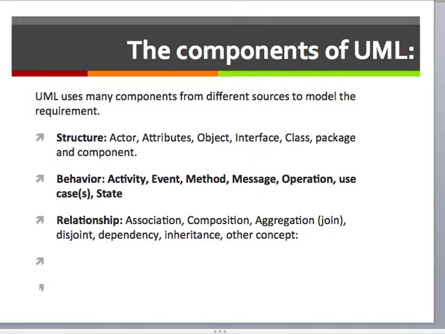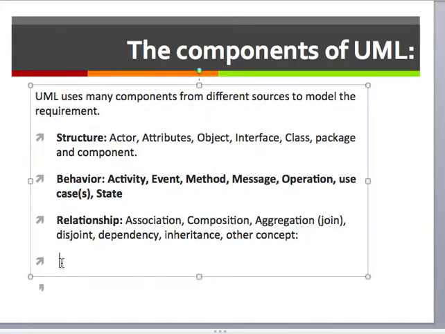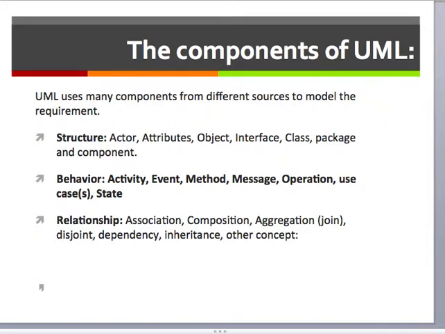In this case we are going to use only the actor, the class, and a component while creating our diagrams. As I mentioned here, some part of the modeling is out of our syllabus because it is technical in nature. Okay. Now next we talk about the behavior. We capture the behavior in terms of activity.